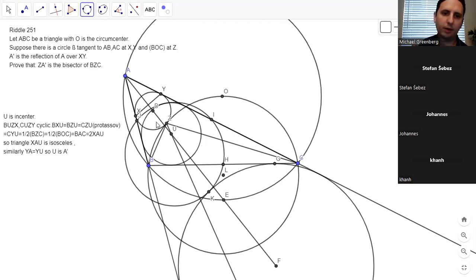We don't even need Protassov to do that. So U's on the angle bisector, and X and Y have to be symmetric across the angle bisector. So by symmetry, we have BXU is CYU. But then we're saying that's also half of BZC.